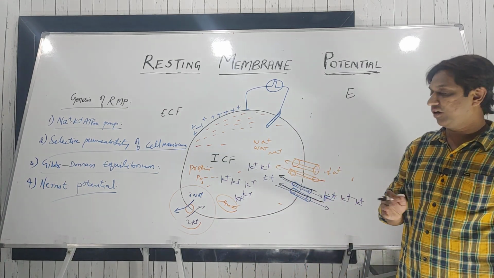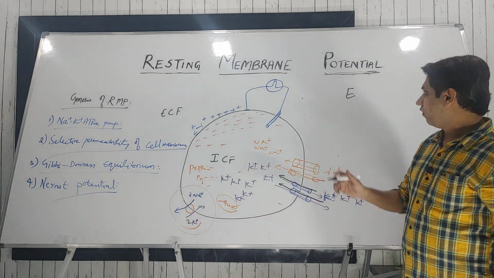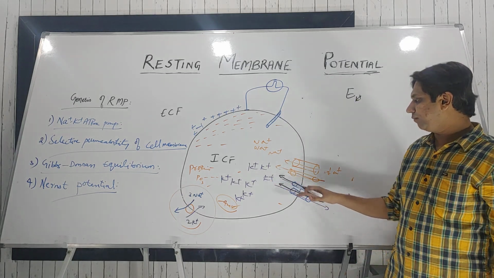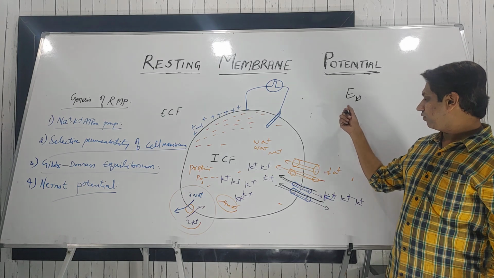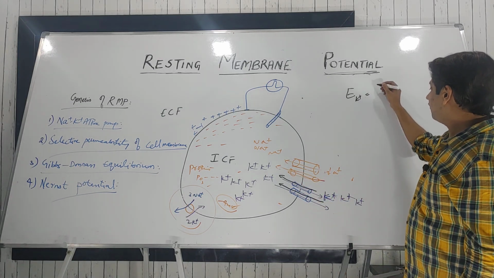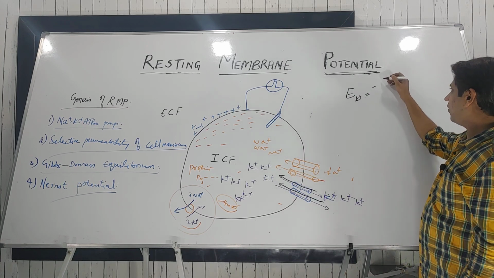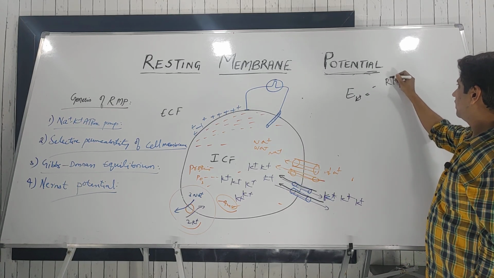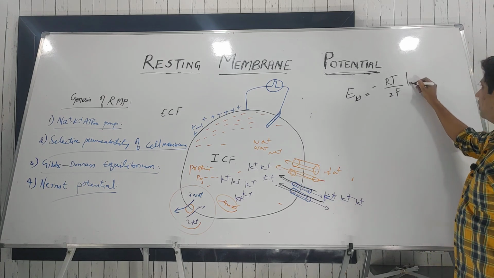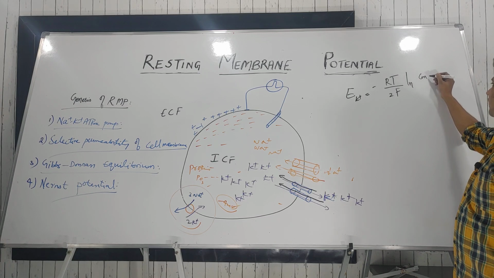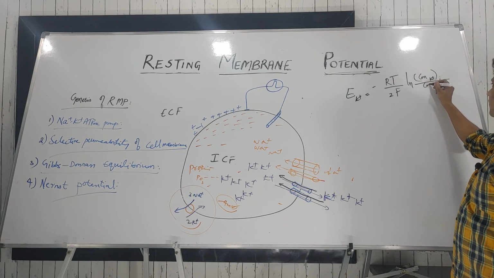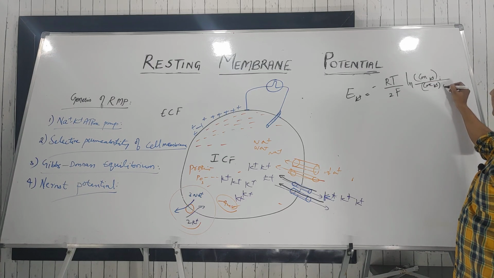And this equilibrium potential is for an individual ion. For example, the equilibrium potential of potassium is given by the formula minus 2.3 RT by ZF, natural logarithm of the concentration of potassium inside the cell divided by the concentration of potassium outside the cell.